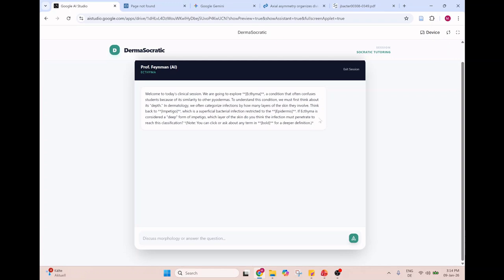Okay, so it says, let's think about eczema. I hope you have read it yourself, but essentially think about eczema in terms of how deep the infection is, and it contrasts it to impetigo. So now eczema is considered a deep form of impetigo. Which layer of the skin do I think the infection must penetrate?